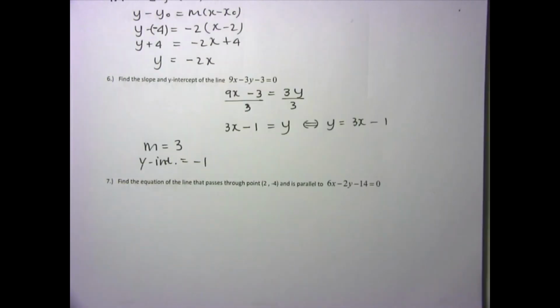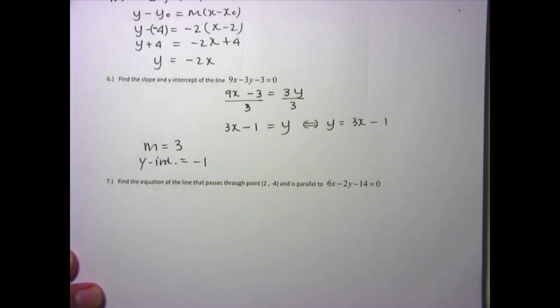All right, number 7 wants me to find the equation of the line that passes through the point (2, -4) and is parallel to the line 6x minus 2y minus 14 equal to 0. All right, again, the point that the line is passing through is being provided. The slope is provided in kind of a backwards way. I need to just go dig a little bit to find the slope. So in order to find the slope, I need to first write the equation of this line right here in slope-intercept form, read off the slope, and then I can use it.